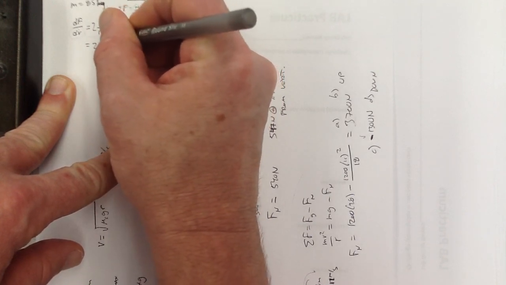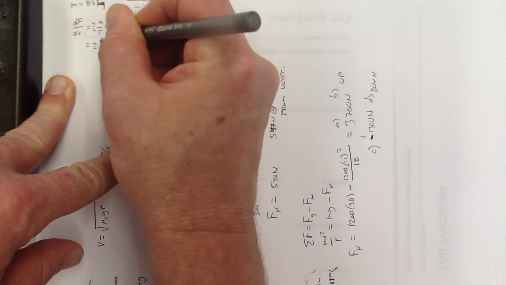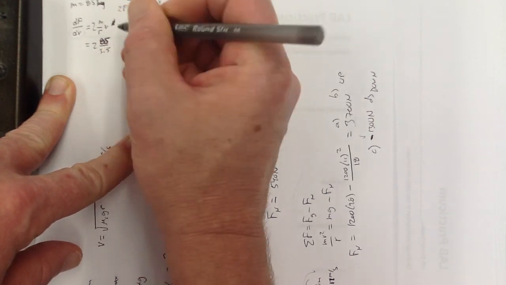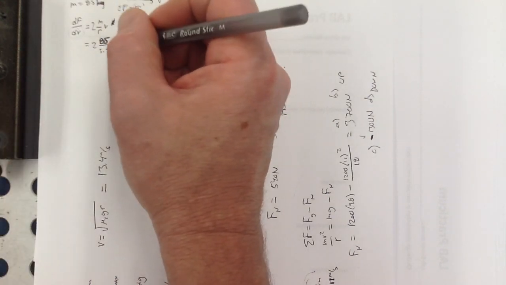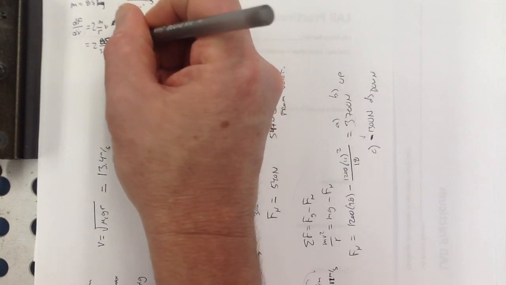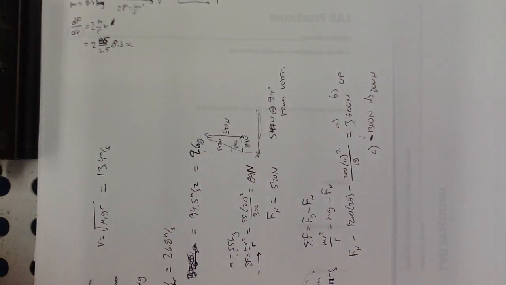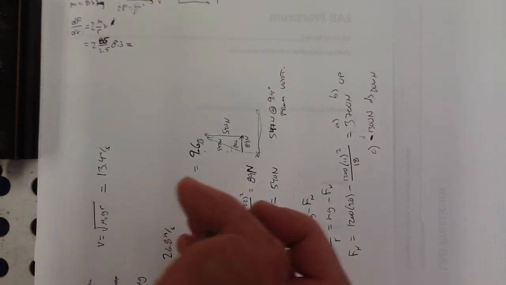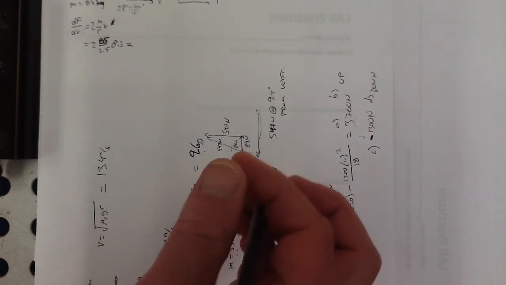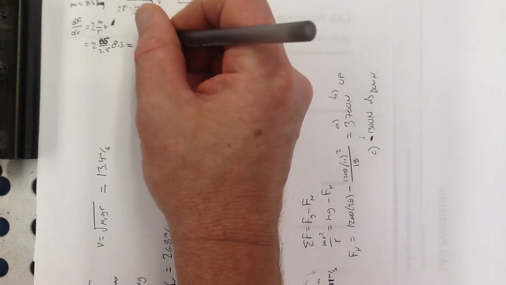It feels a little bit like related rates, though, I think. So let's see how we did there. So that's about 403.